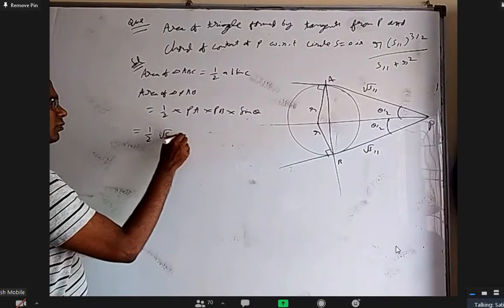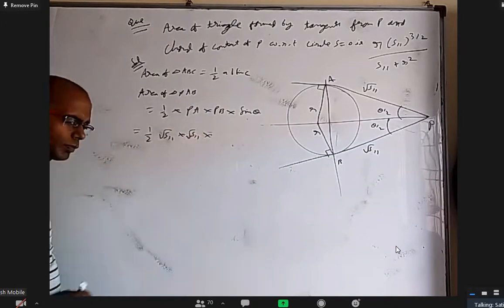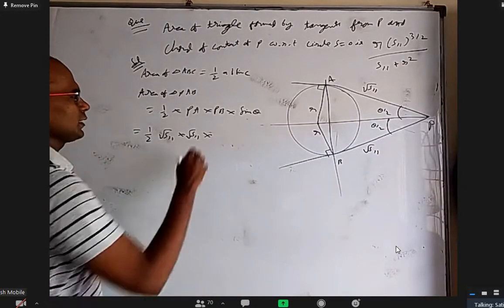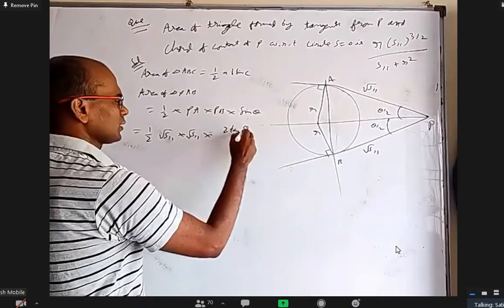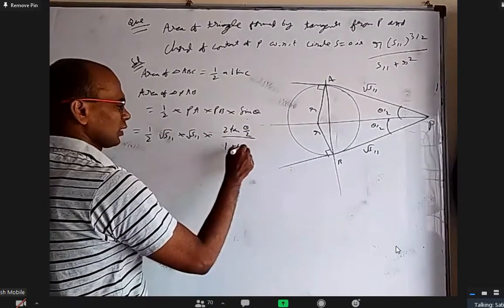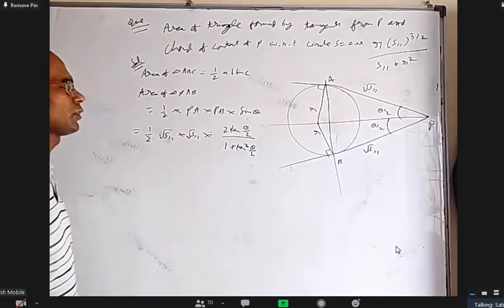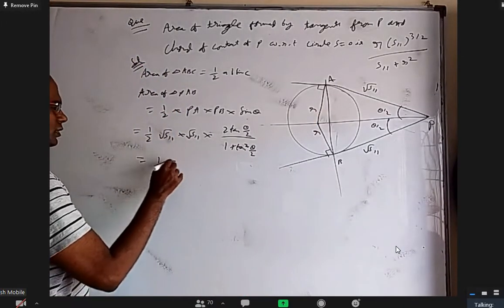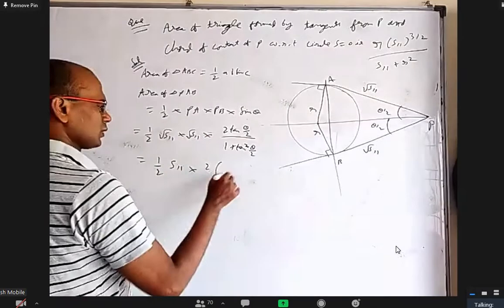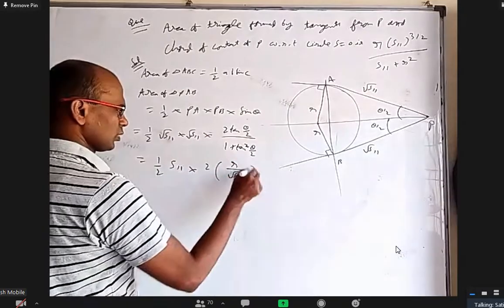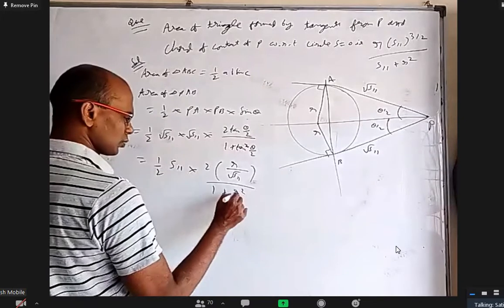This is root S11, this is root S11, and the sin theta is 2 tan theta by 2 by 1 plus tan square theta by 2. And we already know tan theta by 2 is r by root S11. Half into S11. This is r by root S11. This is r square by S11.